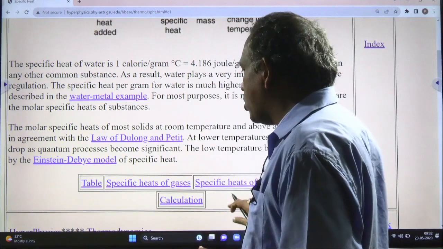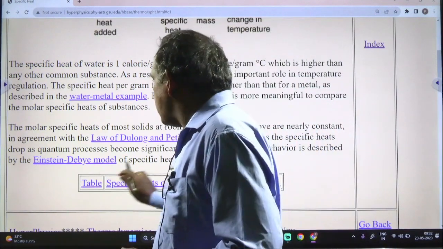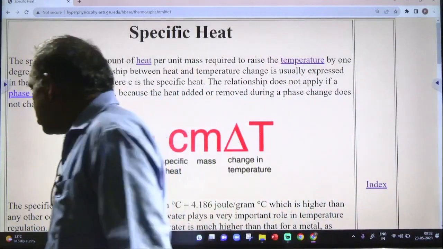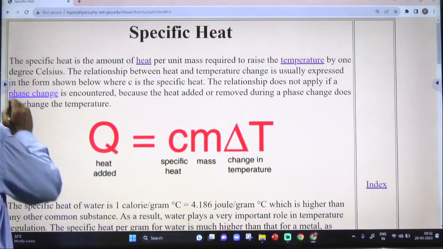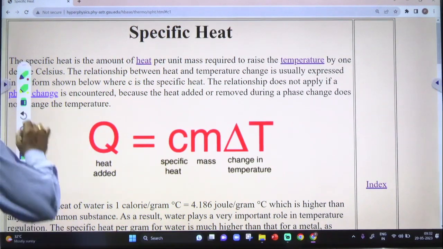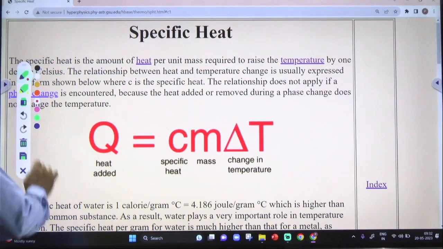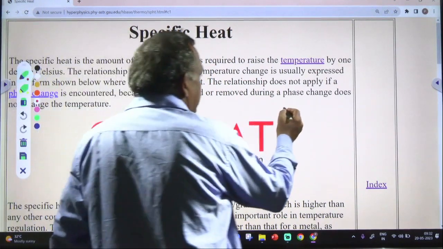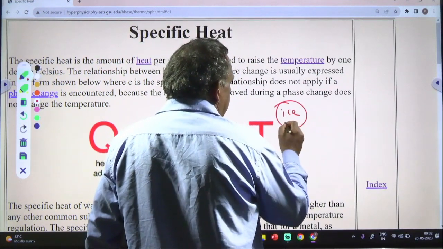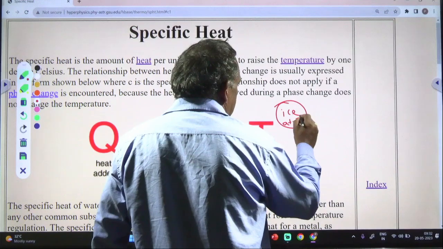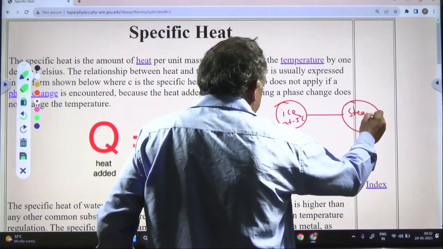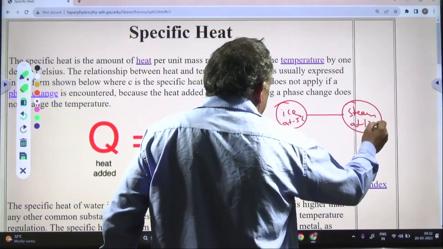The specific heat of solids, we'll discuss, and what the phase change is, all those things we'll discuss here. Take ice at minus 5 degrees centigrade, which you convert into steam at 120 degrees centigrade.